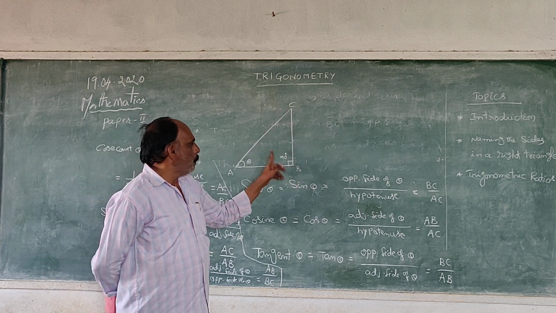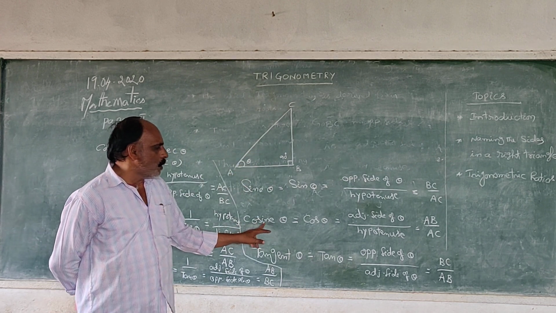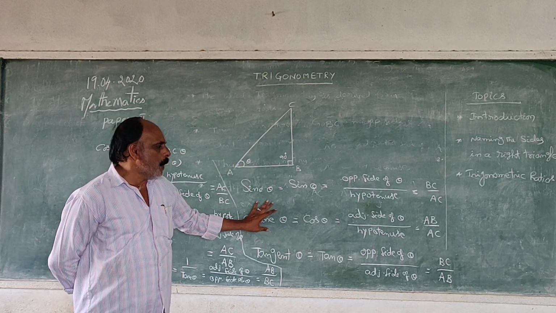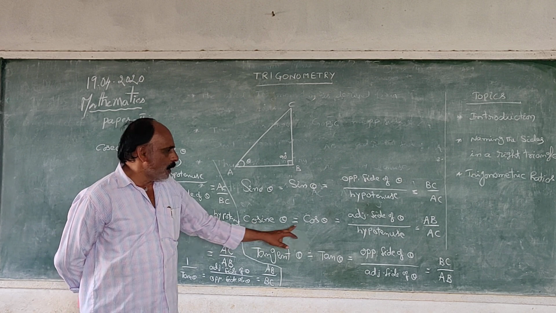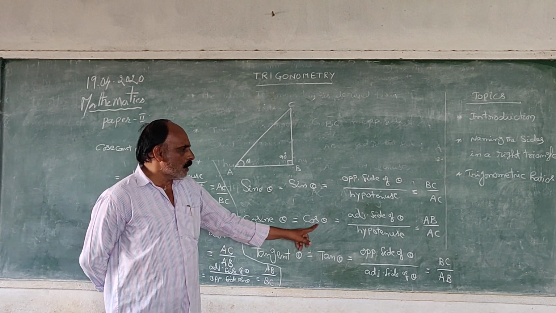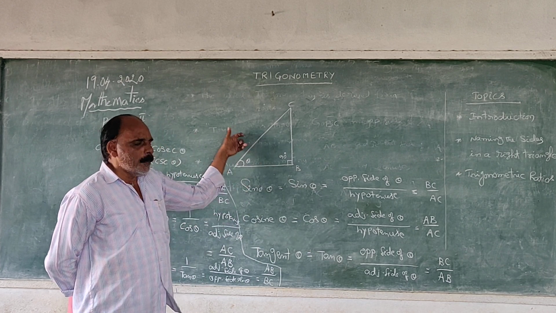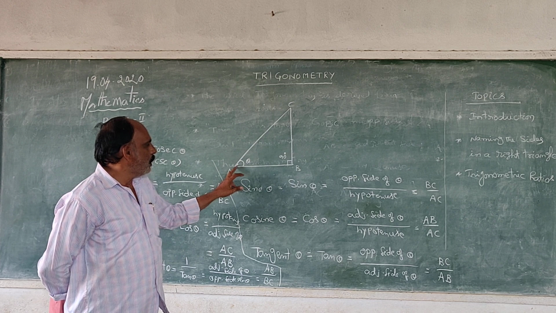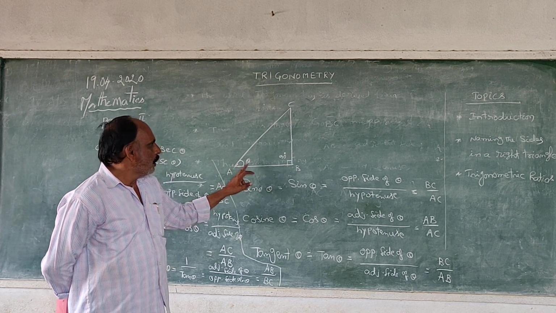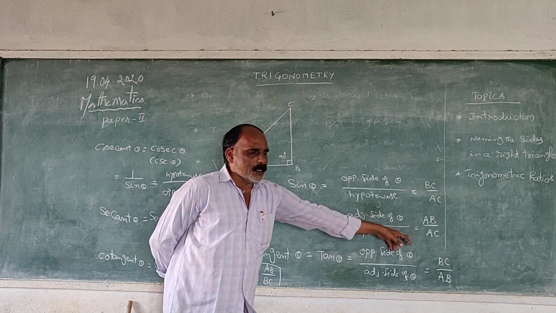So BC by AC. And the second trigonometric ratio is cosine theta, briefly written cos theta. So cos theta is equal to adjacent side by hypotenuse. From the figure, adjacent side is AB, hypotenuse is AC. So the ratio is AB by AC.